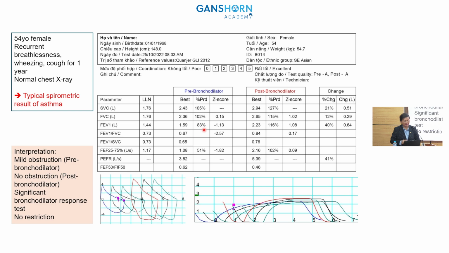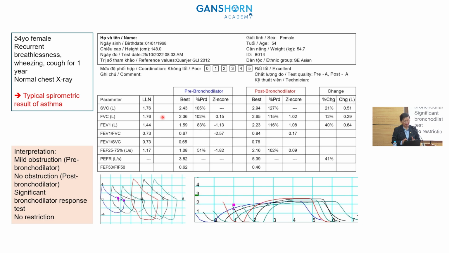So, as a result, we have a 54 years old female with the symptoms of asthma, and the spirometric test shows us very clearly it is a typical asthma. She has obstruction, mild obstruction, but for the post-bronchodilator test, there is no more obstruction, and there is a positive bronchodilator test.